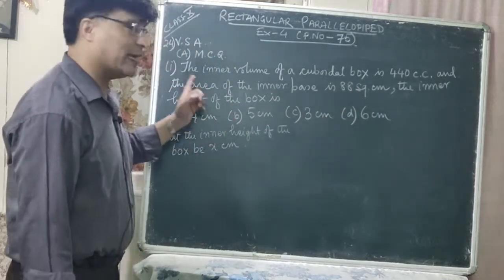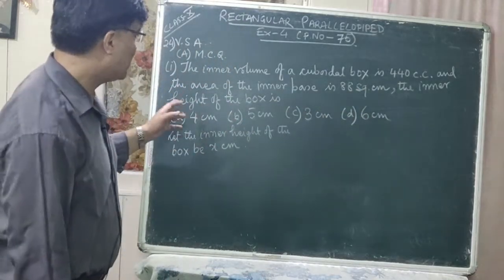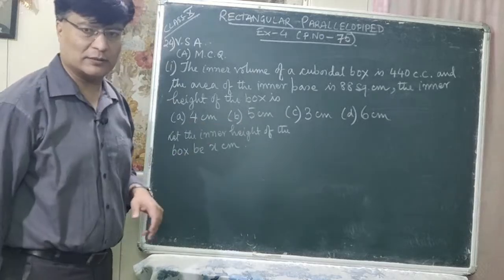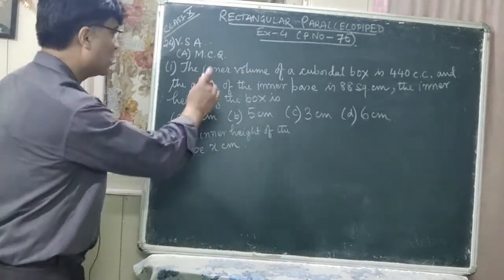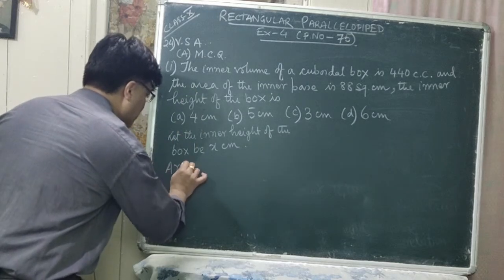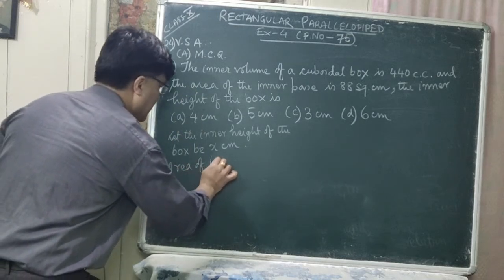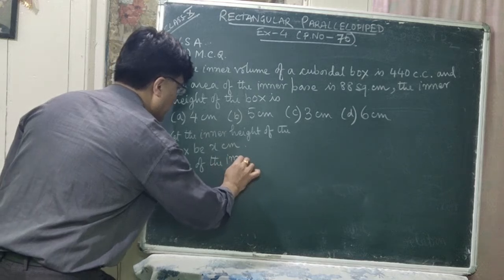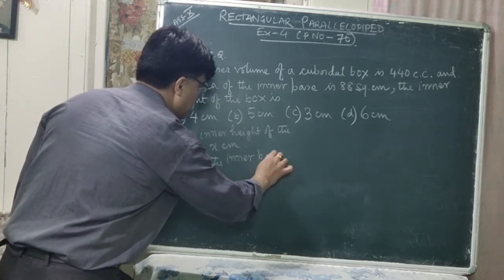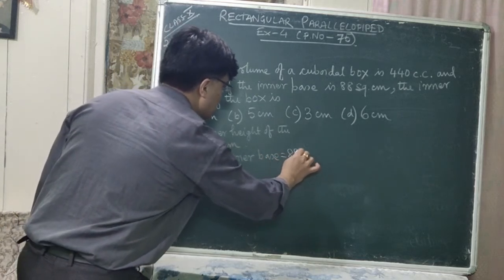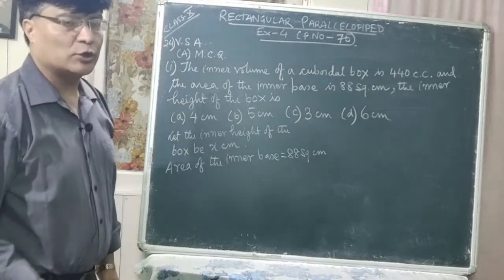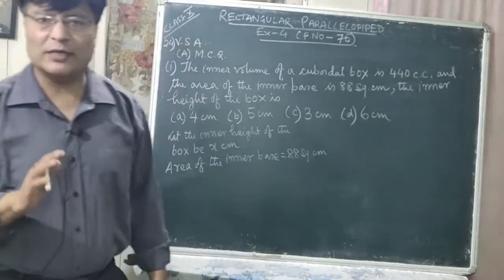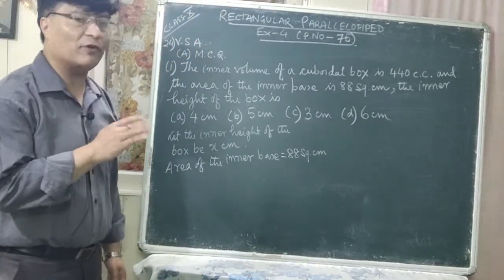So you should write down the answer for inner height in terms of centimeter. So what is the area of the inner base? Area of the inner base is equal to 88 square centimeter. Okay, so we can find out the inner volume of the cuboidal box.